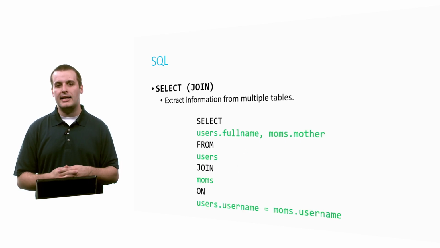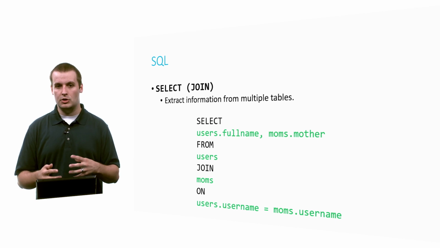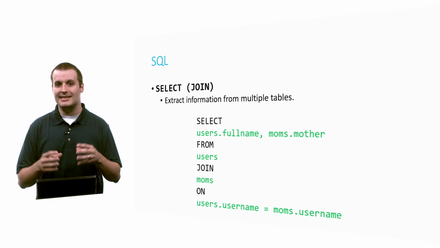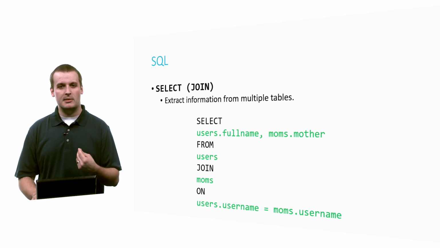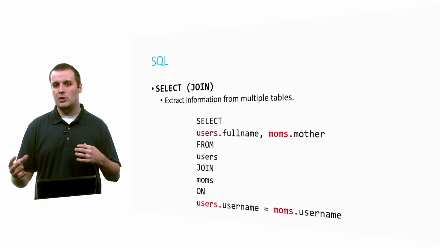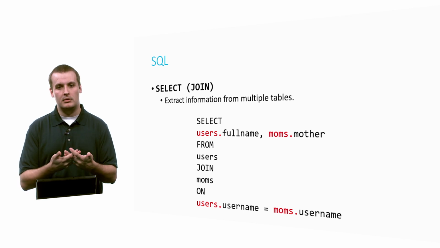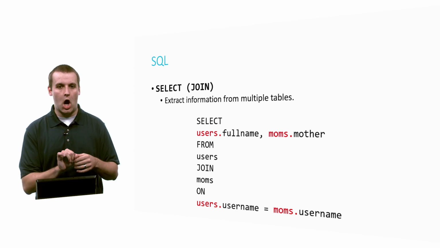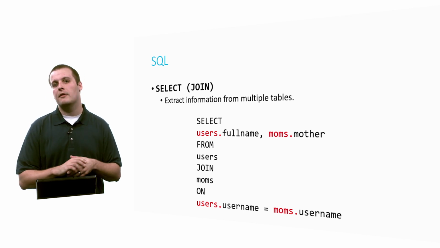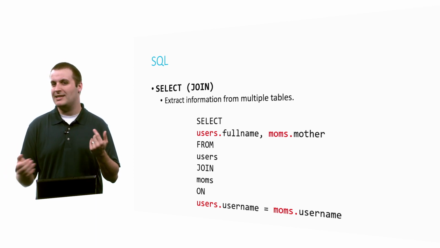So maybe we want to select users.fullname and moms.mother from users, joining in the moms table in every situation where the username column is the same between them. And this is a new syntax here, this users dot and moms dot. If I'm doing multiple tables together, I can specify a table. I can distinguish, in particular on that on at the very bottom there, the username column of the users table from the username column of the moms table, which are otherwise, if we just said username equals username, that doesn't really mean anything.